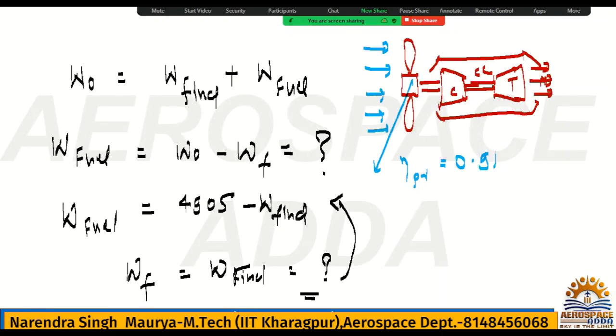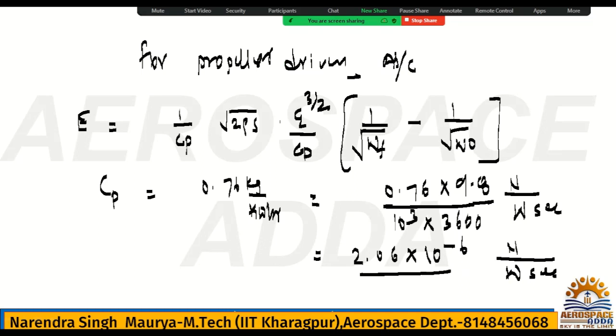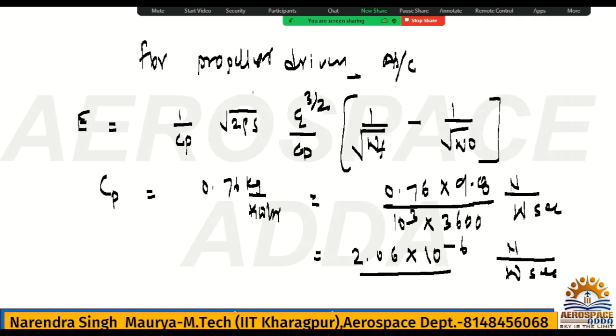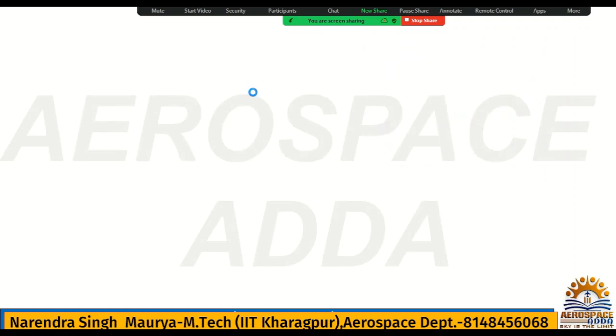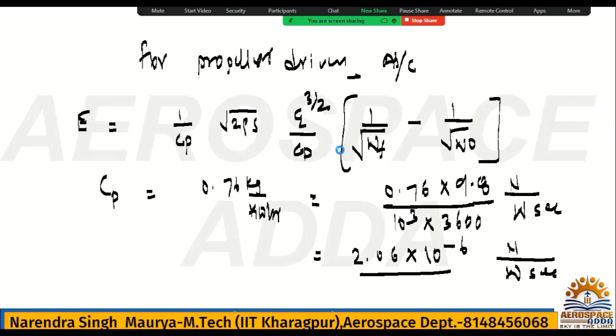Check in the problem. 6.84. Then the root of 2 rho S, CL to power 3 by 2 by CD. This value they have given to you, it is 13. So just multiply by 13.